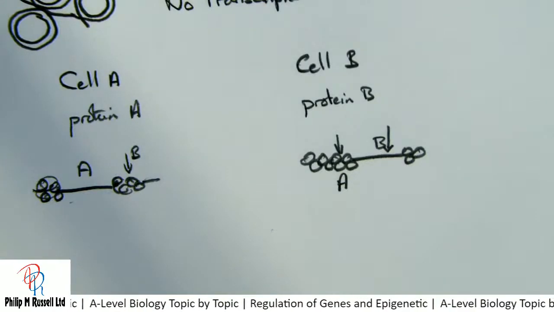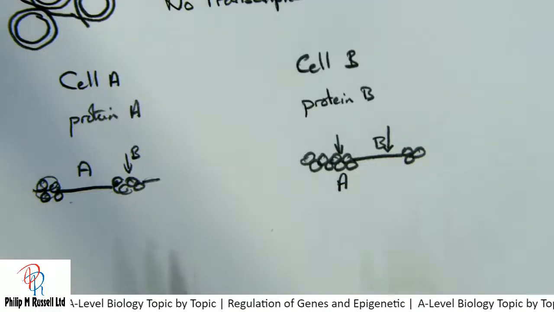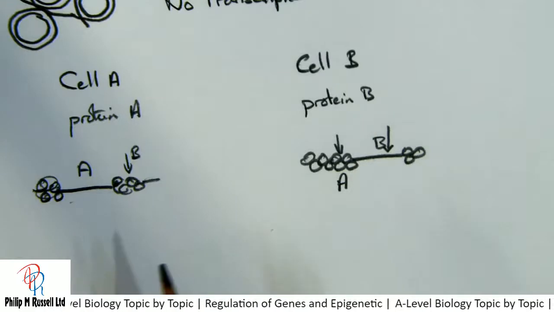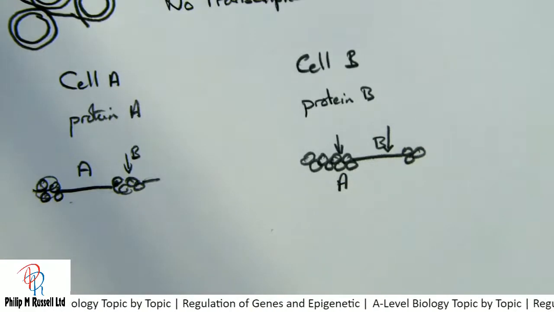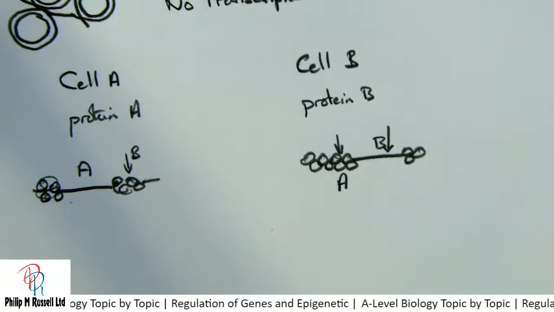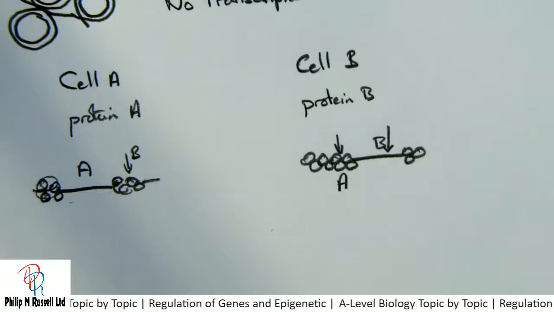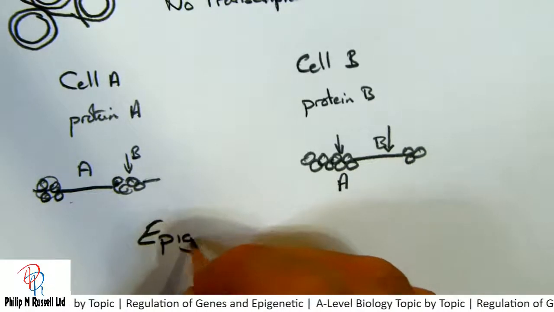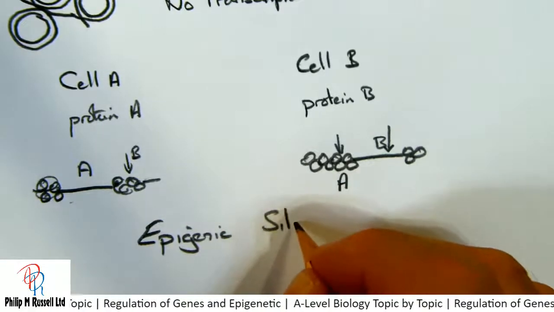So this epigenome is determining the shape of this DNA, and it keeps genes that are inactive tightly packed and ensures that they basically can't be read. In other words, they're switched off. And this is given a name, and this is called epigenetic silencing.